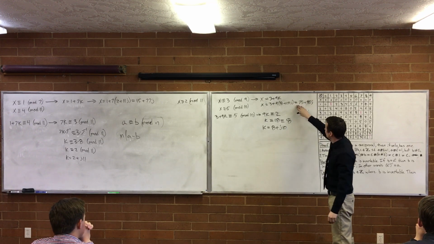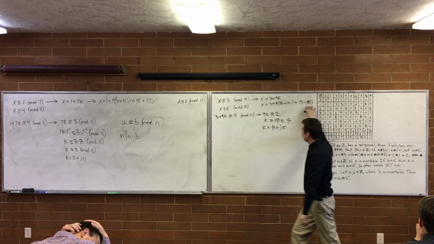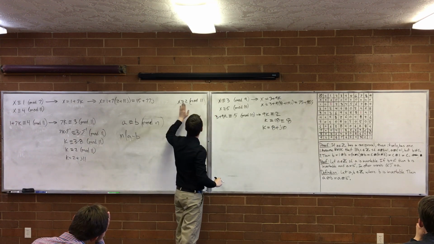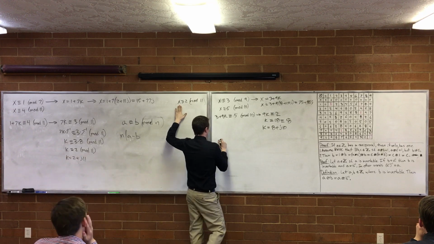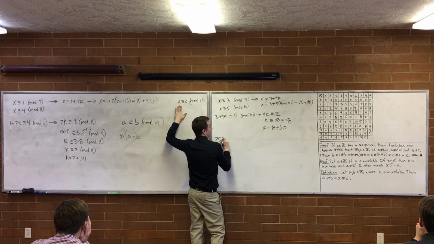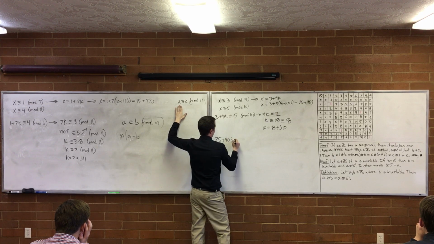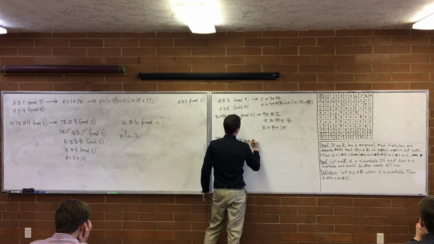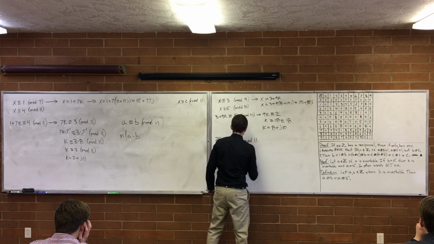So now, any x that satisfies this solves both these equations. Now we need to get one that also solves this. So we have 12 plus 90j is congruent to 2 mod 11, right?